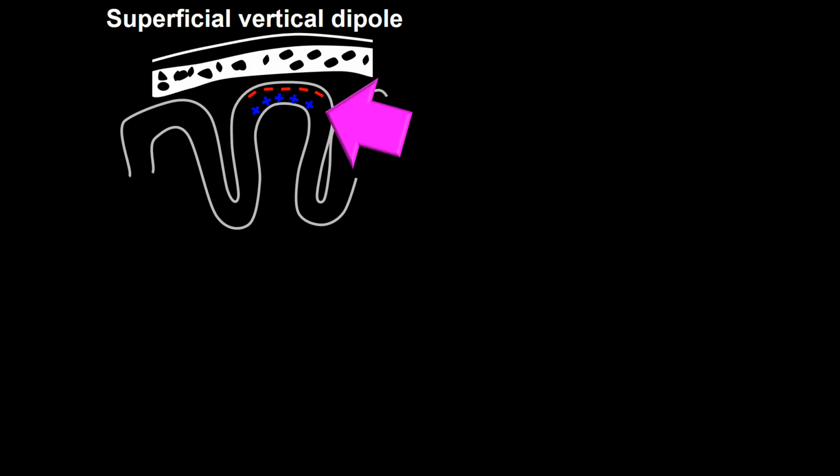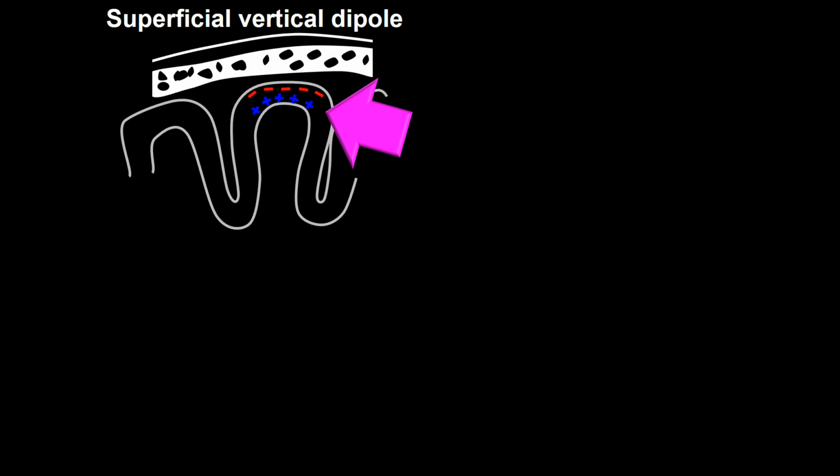The arrangement shown in this frame is the simplest geometrical arrangement of a dipole layer. In this case, the dipole layer is confined to the crown of a gyrus and perpendicular to the scalp. That is, the dipoles are oriented at a right angle with respect to the scalp surface. A group of dipoles with this orientation and location is referred to as a superficial vertical dipole layer.